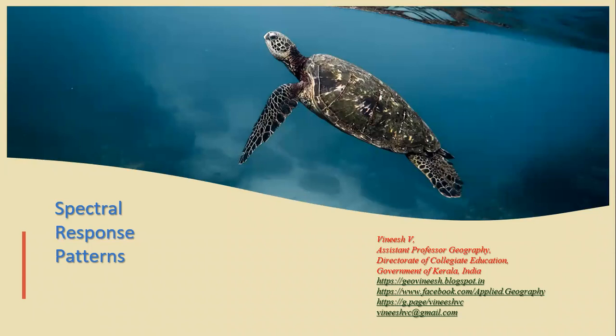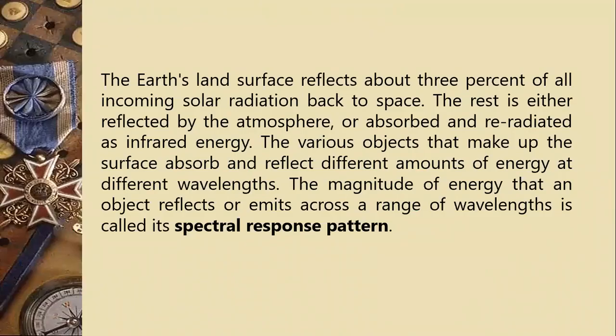So let us move to the class. What do we mean by spectral response pattern? The Earth's land surface reflects about 3% of all incoming solar radiation back to space; incoming solar radiation and outgoing solar radiation. The rest is either reflected by the atmosphere, absorbed, or re-radiated as infrared energy.